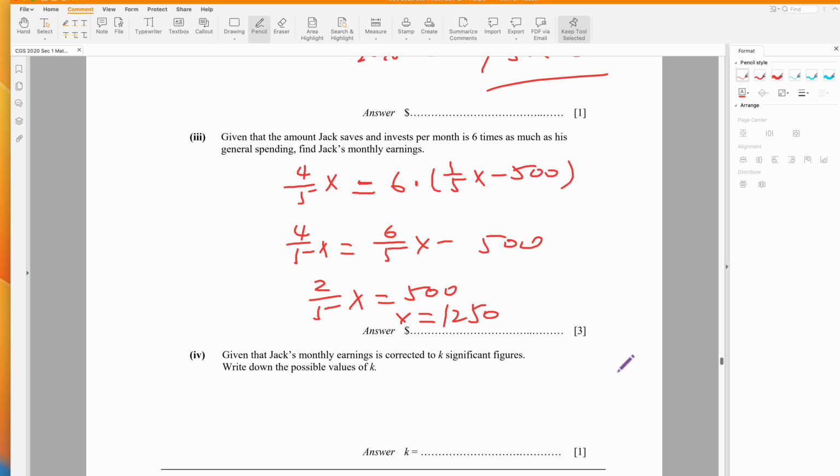I got 8250. Is this correct? This is correct, the 7 over 20. Where is 7 over 20? I got it wrong here, so the whole thing is wrong. I'm seeing where my mistake is.